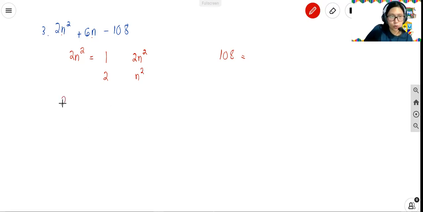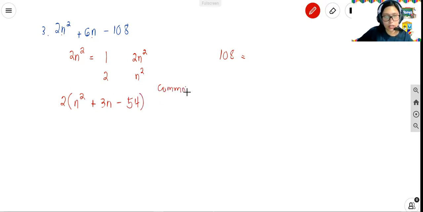So I'll bring out 2 using common monomial. Then I will have here n squared plus 3n minus 54. Okay. So again, using common monomial, I further simplified the expression 2n squared plus 6n minus 108 to 2 times n squared plus 3n minus 54.